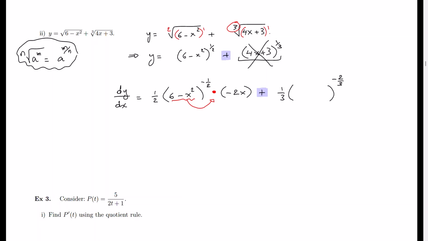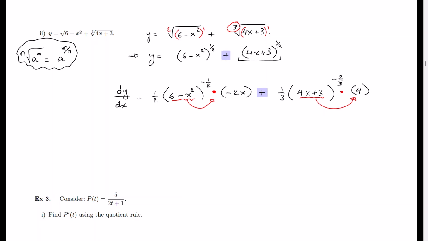Now the base used to be 4x plus 3, and that's not just a regular x, so I need the derivative of it on the side. So I multiply by the derivative of 4x plus 3, which is simply 4. That's because the derivative of 4x is 4, the derivative of 3 is 0, and 4 plus 0 is just 4. I'm going to leave it like that as 4.